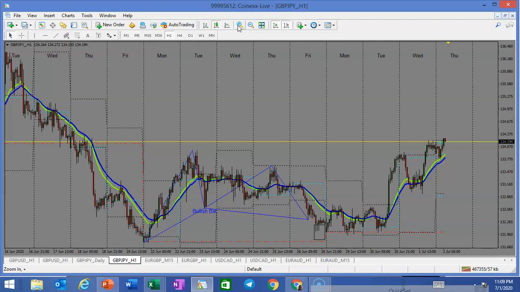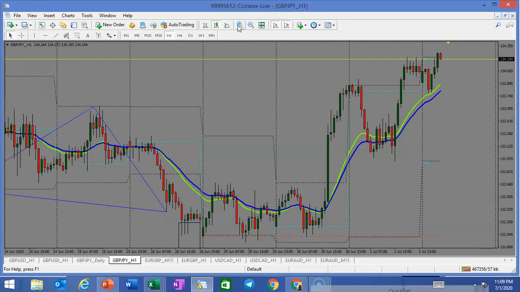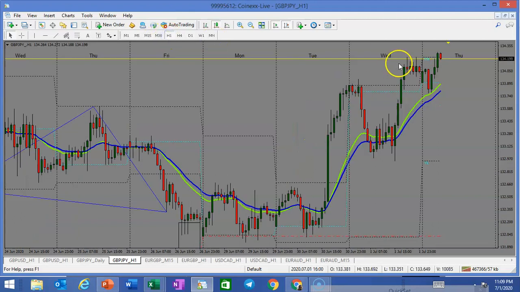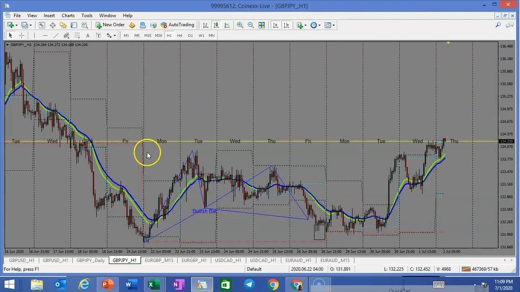So let's see if my bias pans out. I definitely think so, since price closed on the 1 hour, and I always do analysis on the 1 hour. Doing the 15-minute is just too messy and confusing for me. I like the 1 hour because it's cleaner. It just shows me rejection, rejection, rejection, rejection, and it's like, wow, why is it rejecting there? It's rejecting this weekly open from 2 weeks ago.